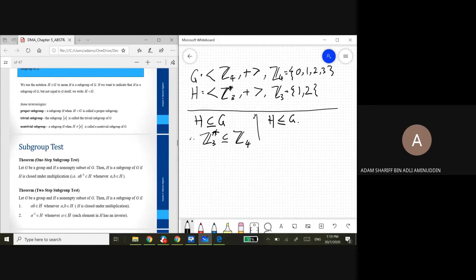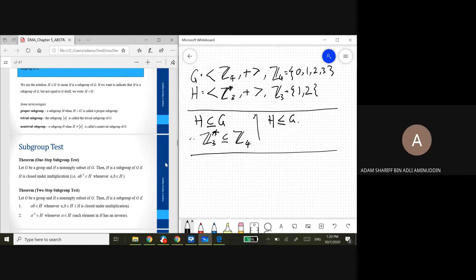In order for you to determine whether it's a subgroup of G, you have two kinds of tests. The first one is one step and the second one is two step. I always like to teach my students two step first because, although it is longer, it is more structured. It divides the properties into two clear conditions.